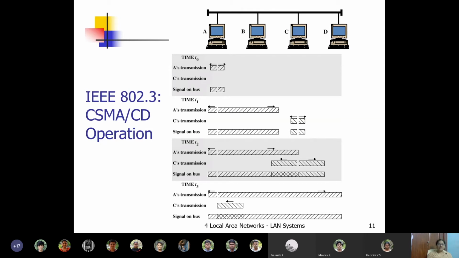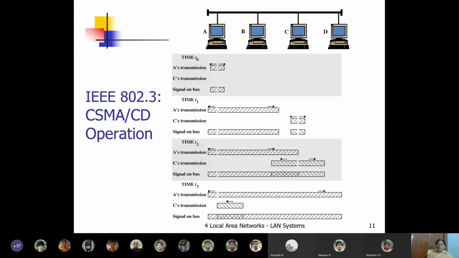If A is transmitting and D is sensing the channel, it cannot sense any signal, because at its position it is still 0 voltage. It will take some time for this signal to reach D, so only at a later time slot will D be able to sense that A has transmitted.